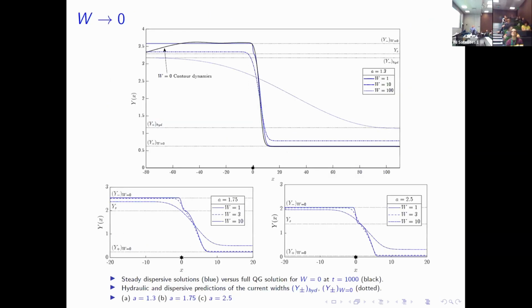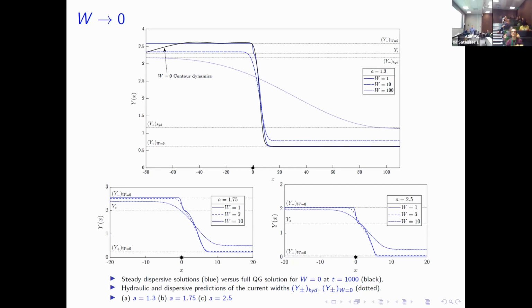One place where we can do something with the dispersive equation is where it doesn't apply. We can let W go to 0, letting the width of the region go to 0. The black line again is the hydrodynamics. This is the long wave equation for W equals 100, W equals 10, W equals 3.